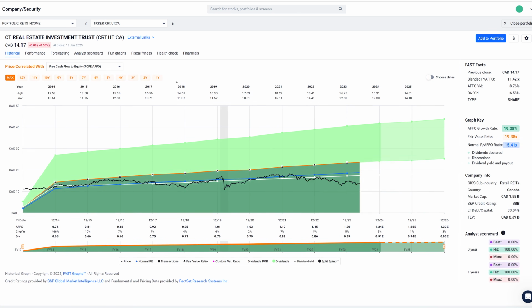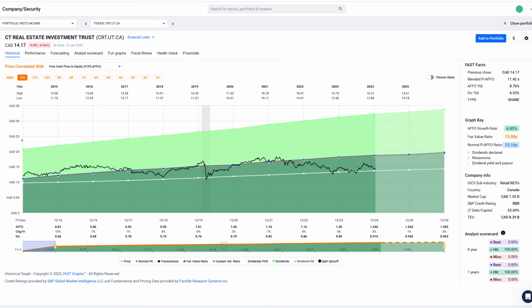The next one on the list I want to look at is CT Real Estate. Now, once again, I'm going to shorten the time frame to get rid of an anomalous number. We have about a 4.85% growth rate. We've had periods of higher than normal valuation. You can see this is about a 15 multiple real estate investment trust, at least over the last 10 years or so. It's currently only trading at an 11 multiple.